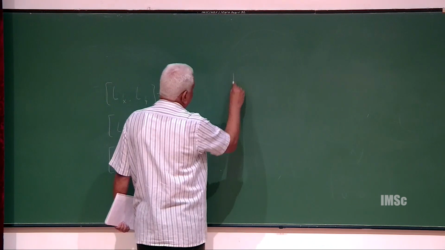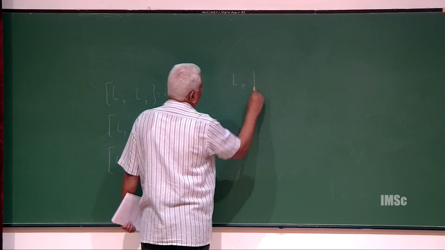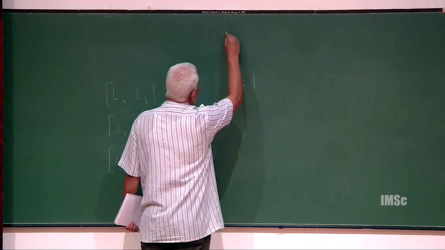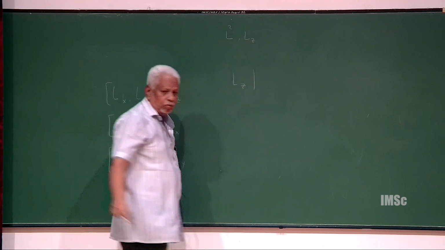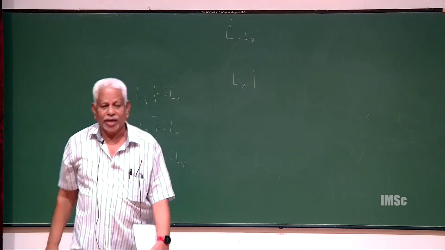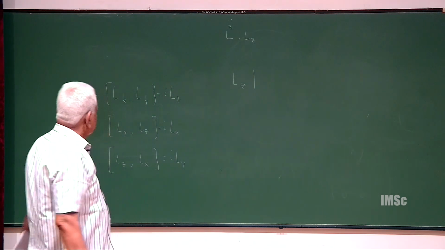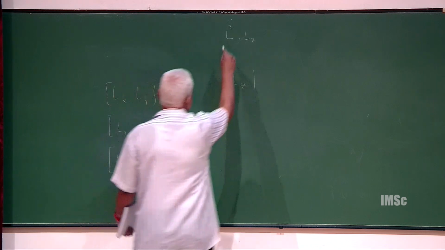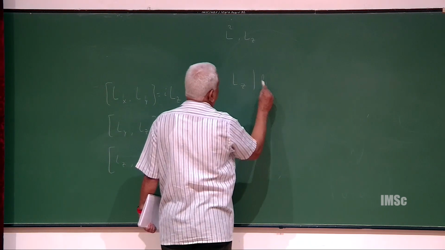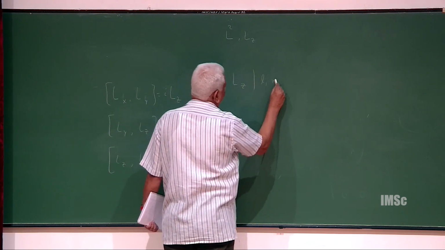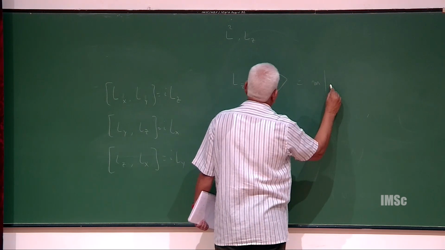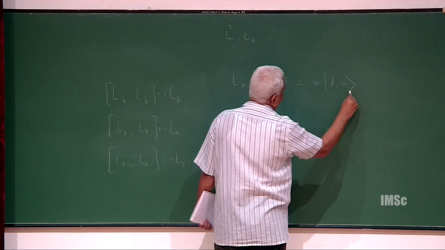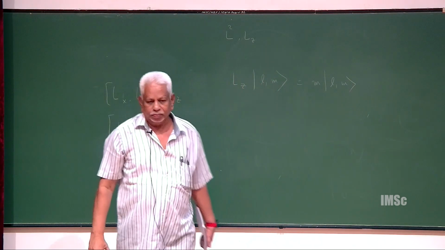I will start with Lz. L square and Lz are diagonal for B. Both are diagonal matrices. To specify this I will use L and M, and I will call it |L, M>.